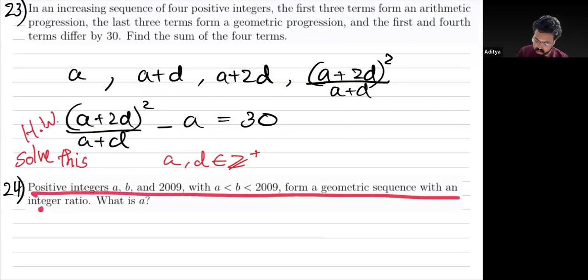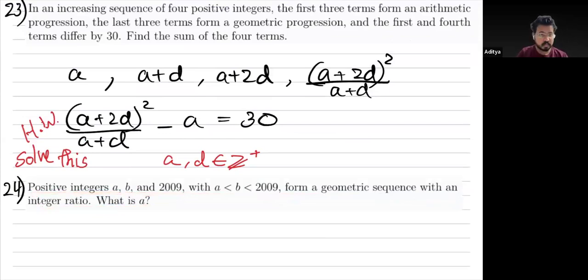It's much simpler. Ishan is also asking which chapter is going on. This is geometric progression currently.